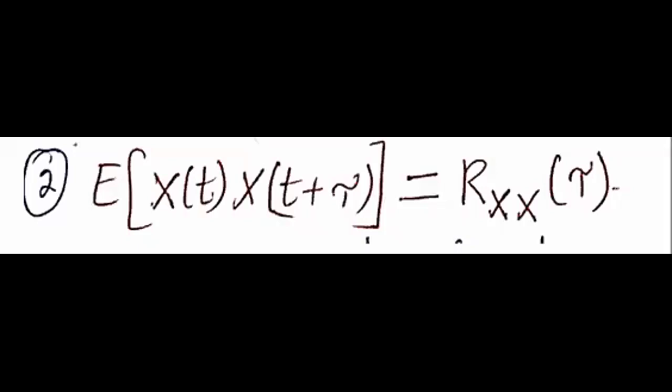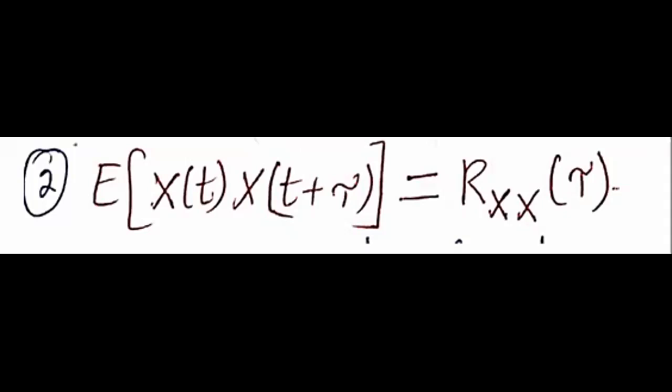Now we would like to move to jointly wide sense stationary process. First of all, consider two random processes x of t and y of t. So if they are jointly wide sense stationary, then the cross correlation function of x of t and y of t is a function of time differences.